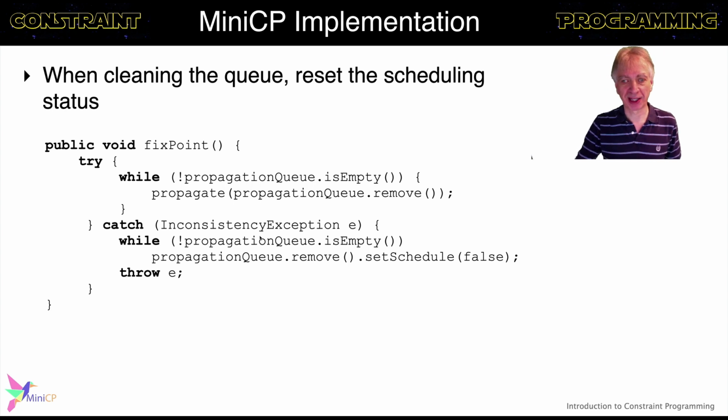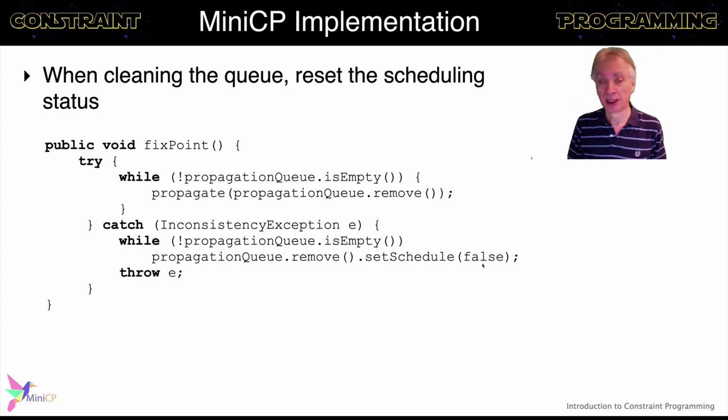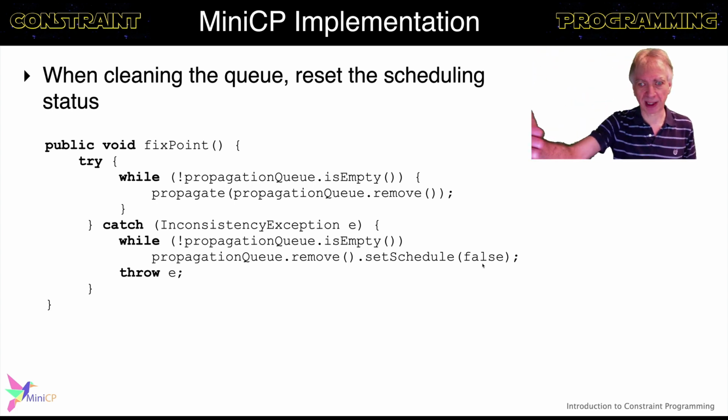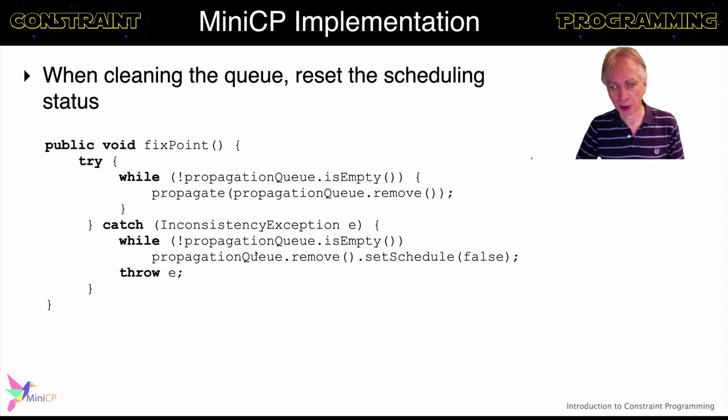This is something that I omitted before, when I was showing you the unoptimized, the naive propagation. But here, when you are basically popping things from the queue, you have to make sure that the schedule flag is set to false, because otherwise the schedule flag will still be true, and you would not put that constraint back on the queue in another node of the search space. So you have to make sure that when you clean the queue, you're also cleaning the schedule flag there.